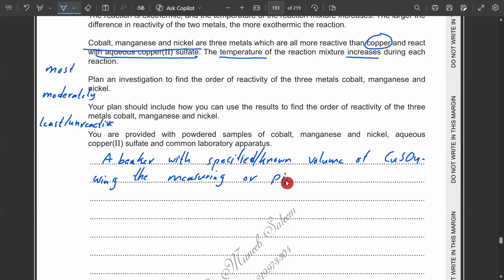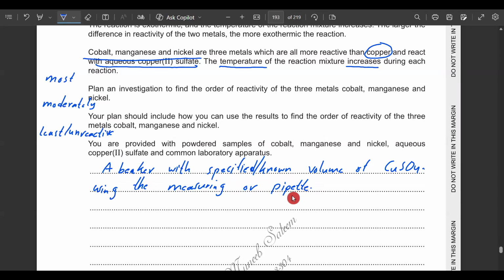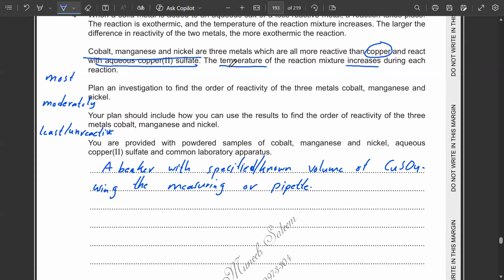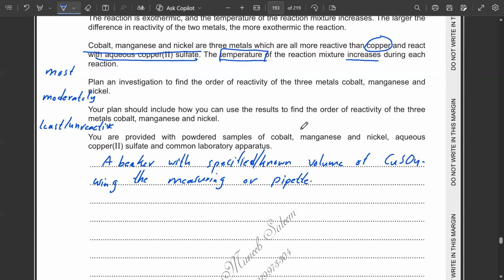You have selected some fixed volume of the copper sulfate by noting the volume using the measuring cylinder or pipette, or it could also be the burette. Then, since the question is giving you the clue that the temperature change will be checked during the reaction, you must have one initial temperature and one final temperature. So at this moment, you will measure the initial temperature.